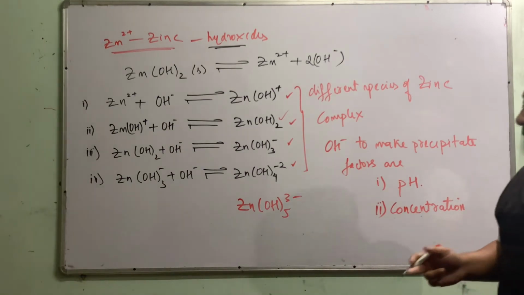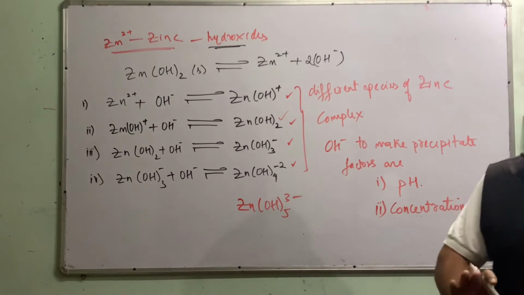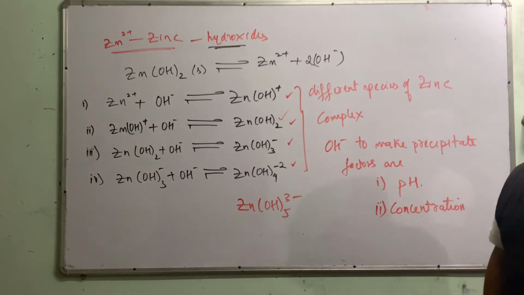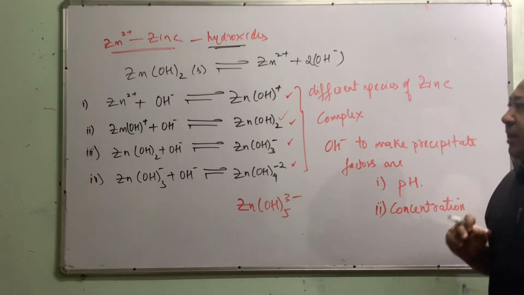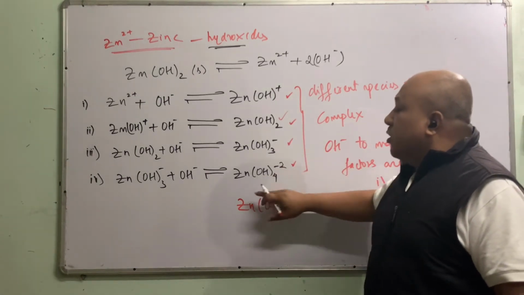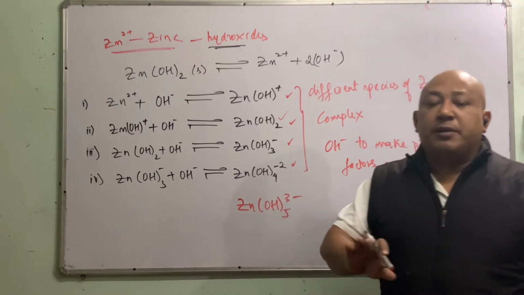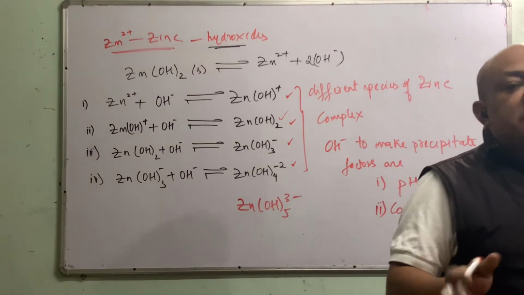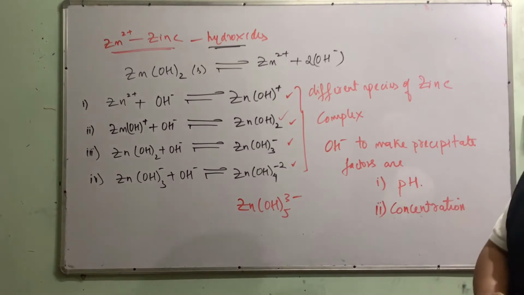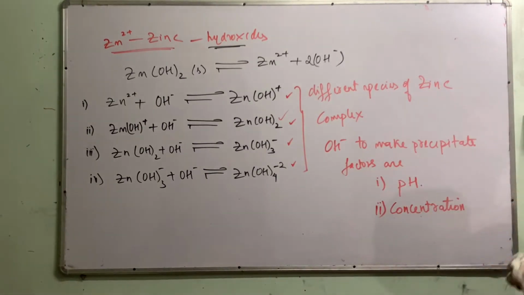I'll explain it again. And mind you, it is not that it will always be Zn(OH)4 2 minus; for zinc, copper, mercury, lead, for different heavy metal ions, it is different. Okay, fine. So this is the concept I'm telling you.